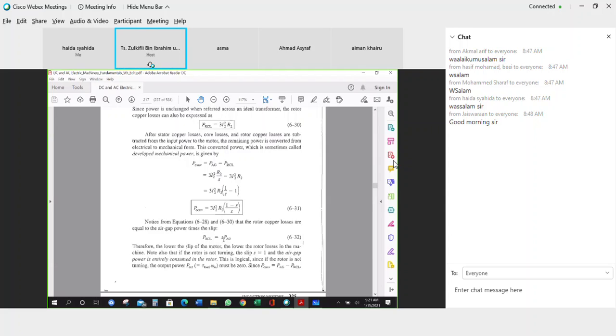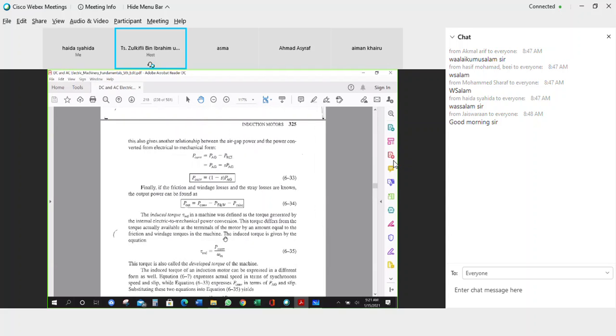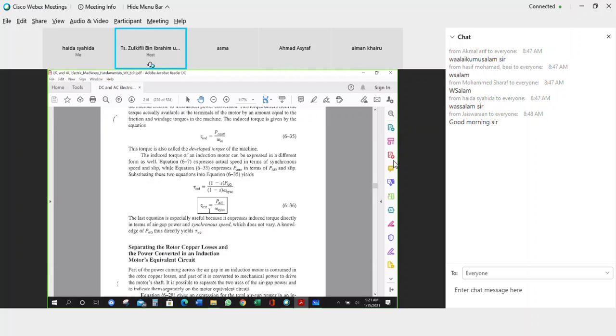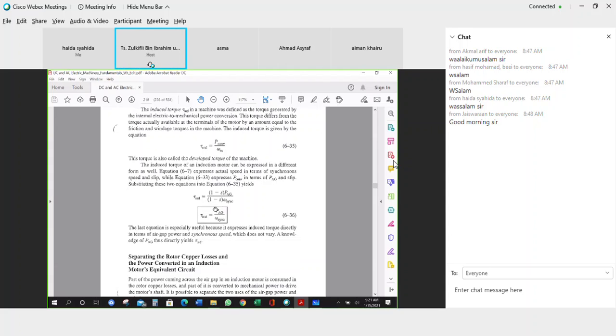All right, so the final torque will be this one. The induced torque equals the air gap power divided by omega synchronous, the synchronous angular velocity.